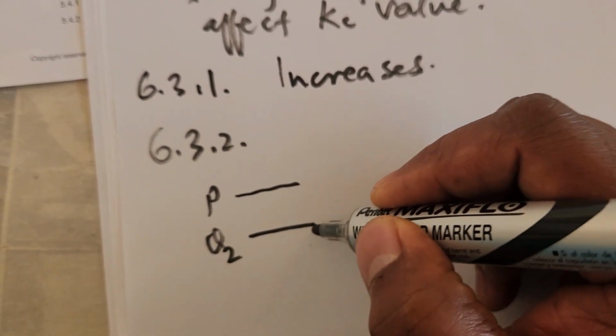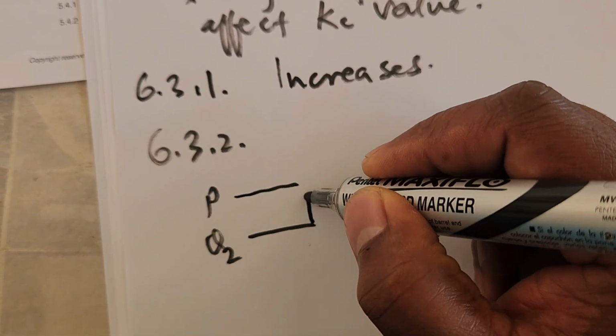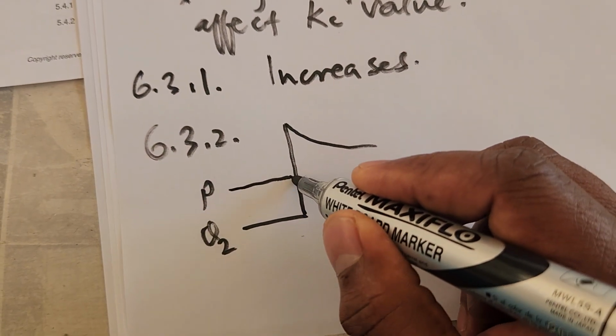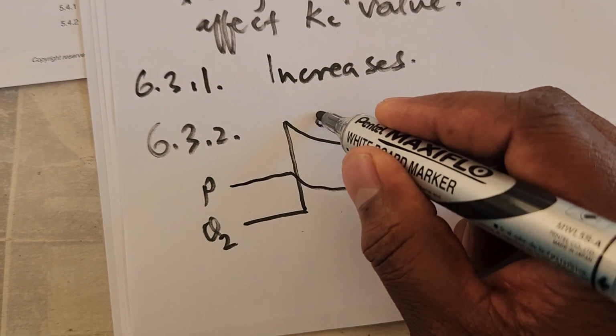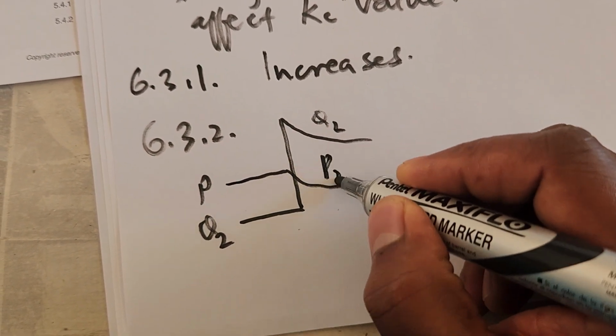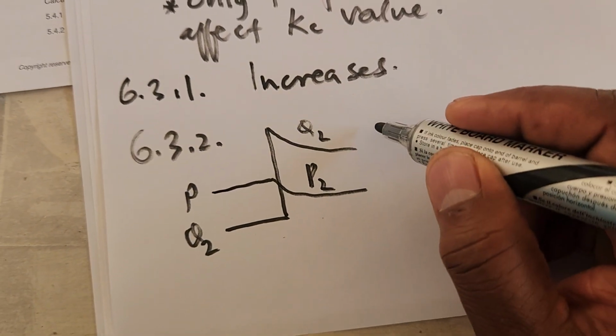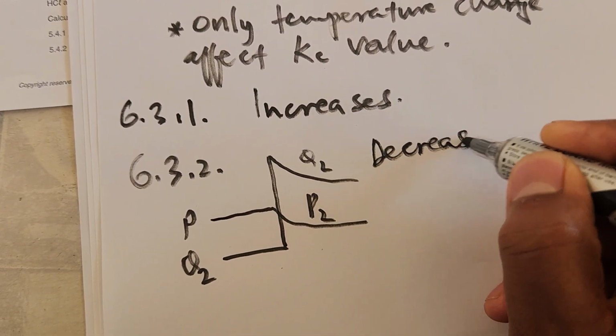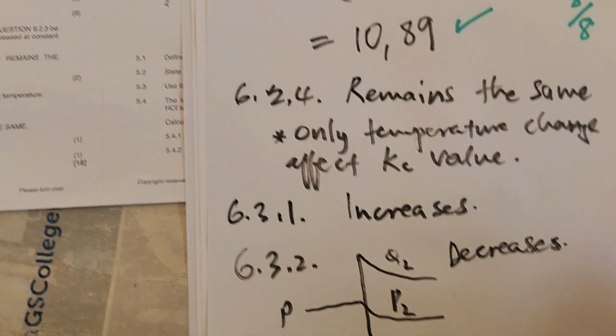At this point, we increase the concentration, then this will happen. So both Q2 and P will decrease. Therefore, we just tell the examiner it decreases.